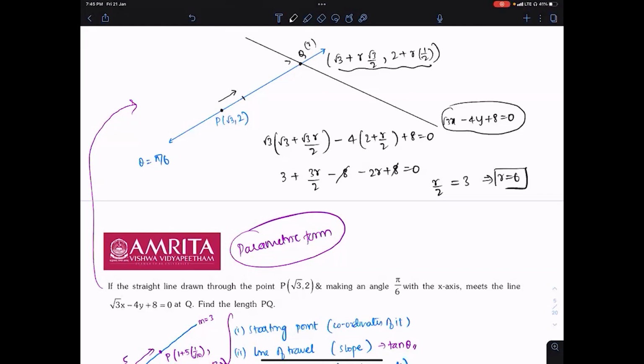If I put r equal to 2, then I will get a point at a displacement of 2 units from P. Now, the displacement of Q from P we don't know. Since we don't know, we have taken it as r. But what is Q? Q is a point on this line, no? We have taken Q as the point of intersection of these two lines. That's why we have substituted it there. We can't keep substituting r equal to 1, 2, 3, 4, 5, 6, and every time check in the line equation whether it is satisfying or not. Okay, fine.